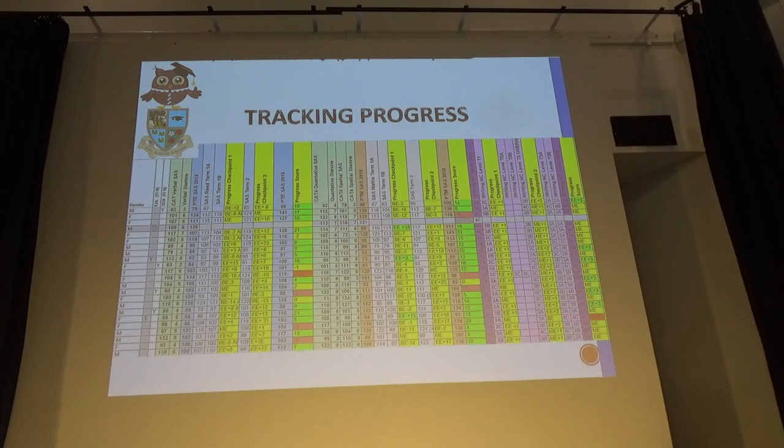What we would also look at is any children who, for example, the boy third from the bottom, his verbal ability was 132. So he's got a very high verbal ability. However, his attainment for reading is 117, which is still high. However, it's not as high as his potential.